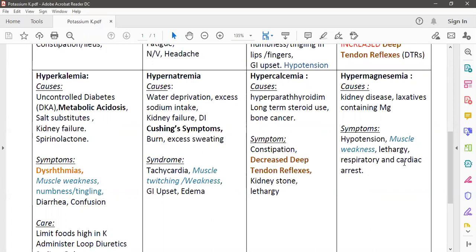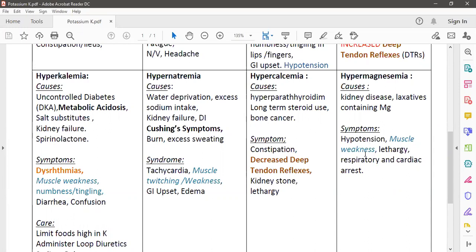So now the question, what are the nursing interventions? Our intervention: initiate safety precautions first for my patient. Monitor vital signs, especially blood pressure, because hypotension is a problem, or monitor the pulse and respiratory rate. Why?